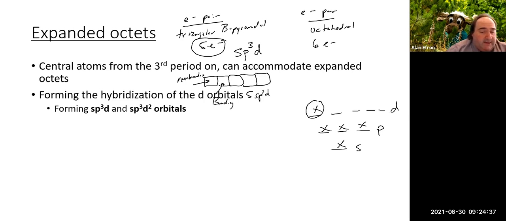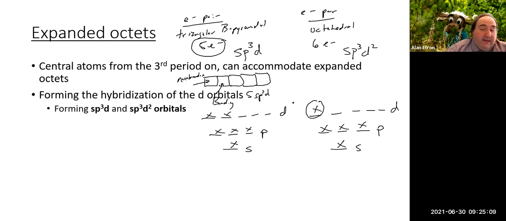The central atom is what we'd be looking at here, and it would be able to make those bonds. Same thing if we get to our octahedral, which is 6 electron pairs. We count off just like before: 1, 2, 3, 4, 5, and 6. We can see we've taken an s, 3 p's, and 2 d's in this case.